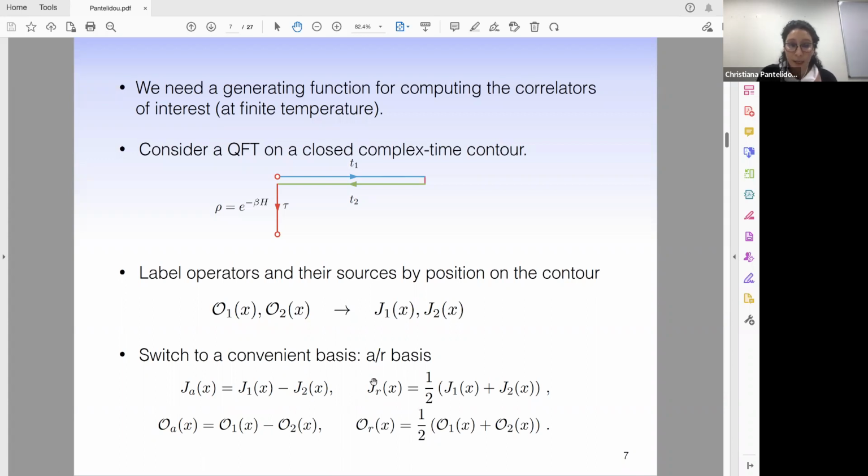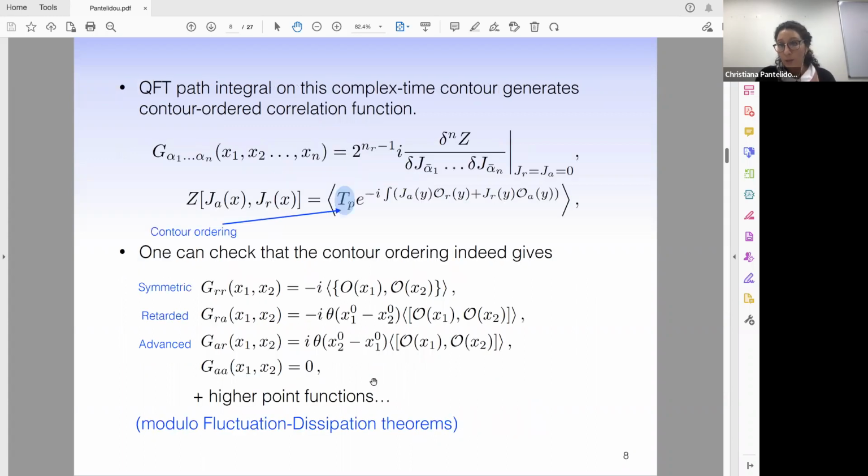Now, with this at hand, we can go and we can write down the quantum field theory path integral. And that is now a function of the two sources that we have, JA and JR. And it looks something like this. Okay. And let me point out that this TP here is the contour ordering operator.